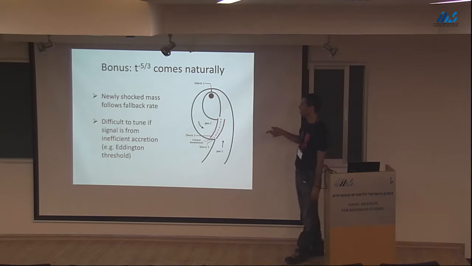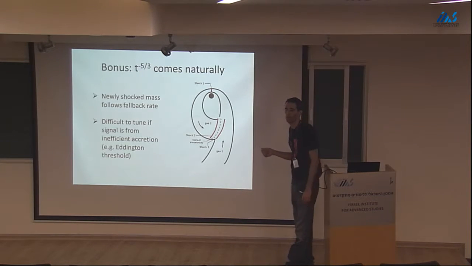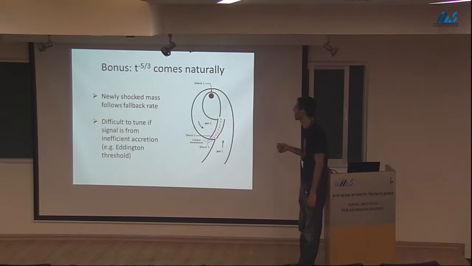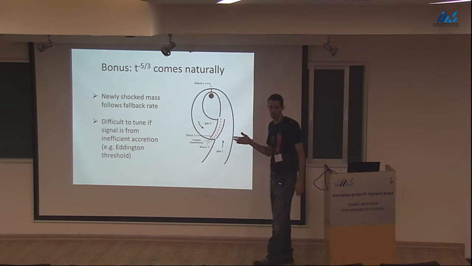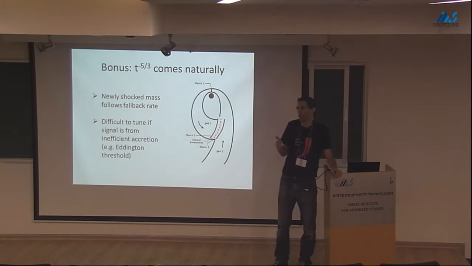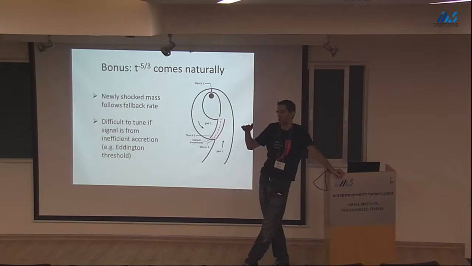And this is pretty difficult to explain in any of the other proposals, because, for example, if you take the Eddington threshold, then we expect between a year and 3 years of constant luminosity due to the luminosity being cut at the Eddington level.